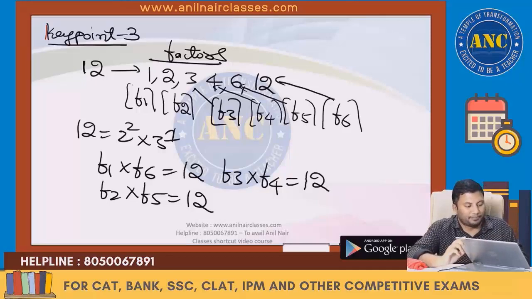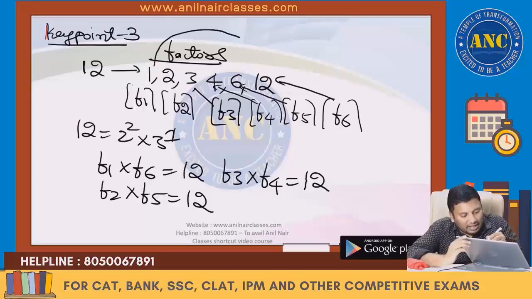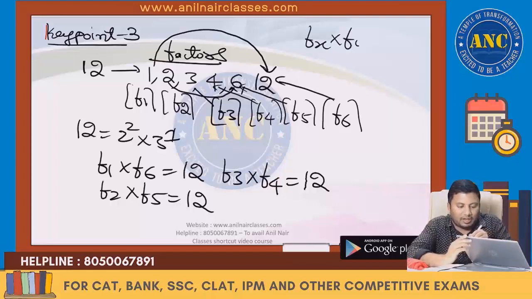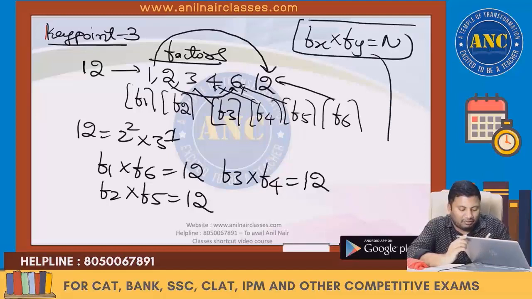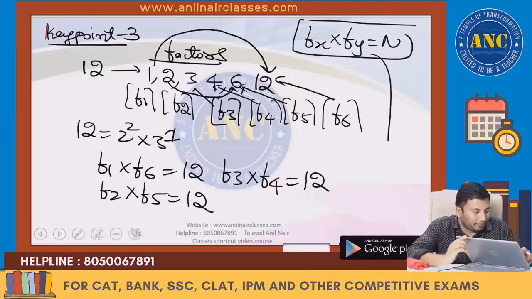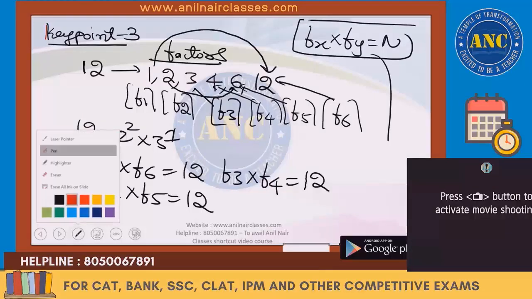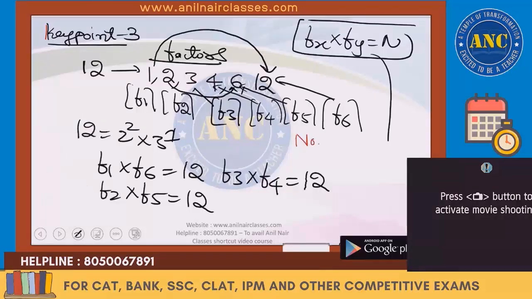Now if the first factor and the last factor give you 12, and the second and second last give you 12, can I say that if fx into fy is equal to the number itself, then the total number of factors will be x plus y minus 1.